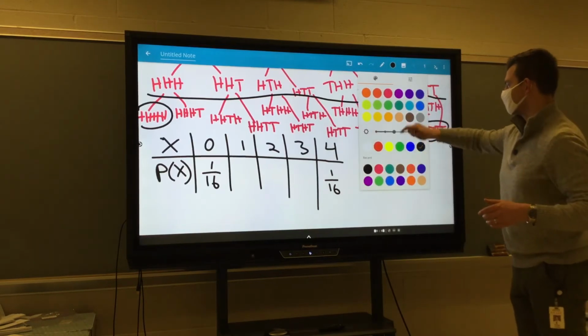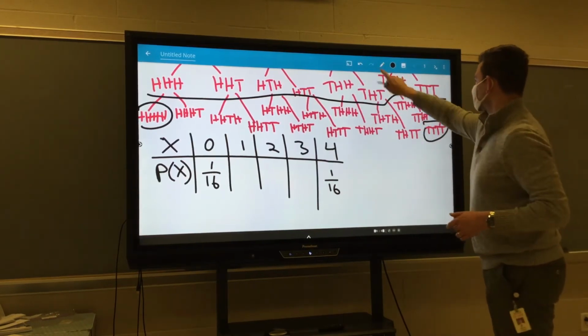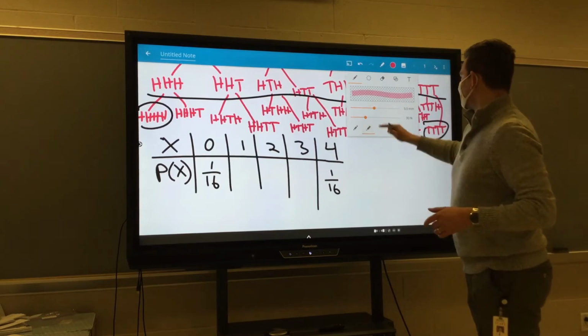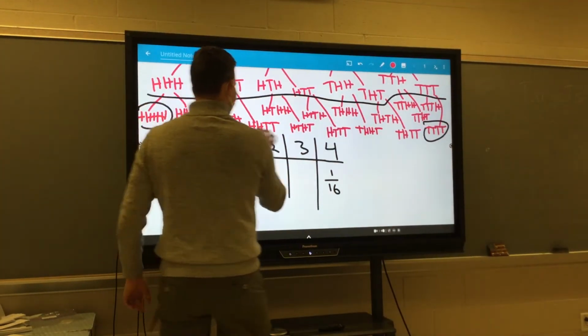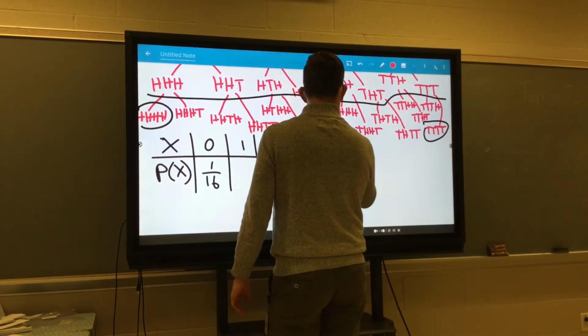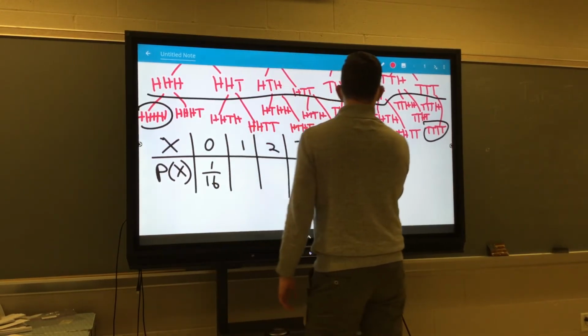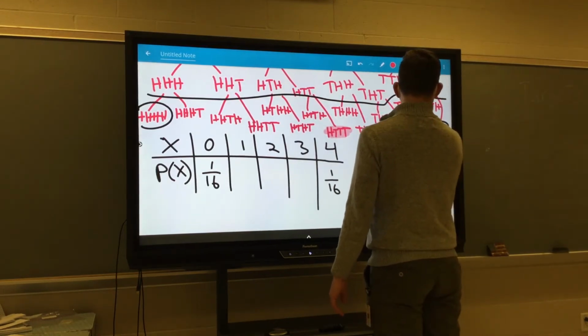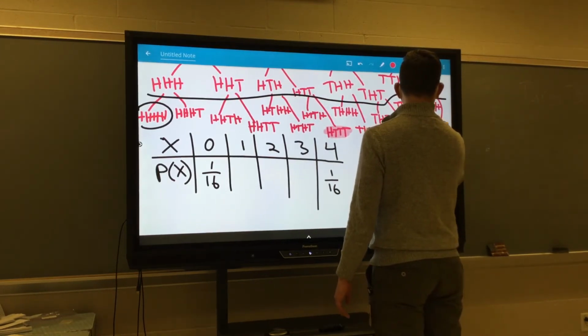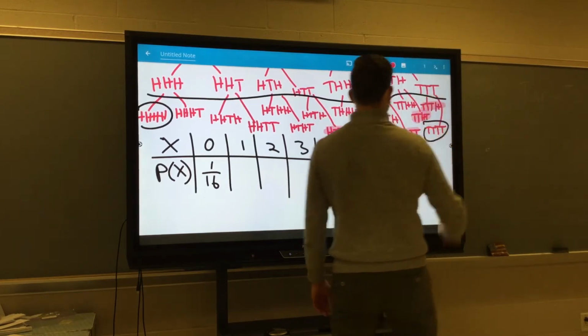Everything else in between has multiple heads or multiple tails. Well, I guess that's not the right word, but let's start to look at that. Looking at one head, one head in here would be this one, this one, this one, or this one.